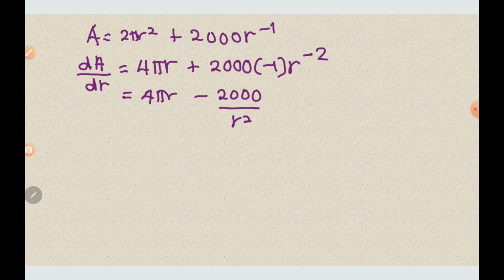Okay, then to get the minimum surface area, dA/dr has to equal 0.